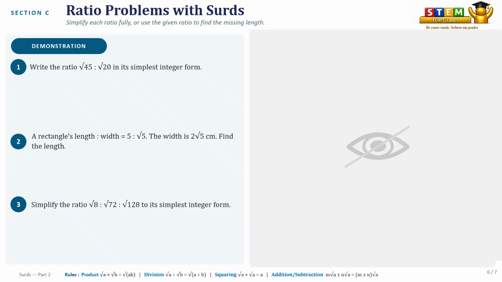Now on to section C this time. We're going to be writing the ratio in the simplest form again. So here we go. Square root of 45. We're going to get 45 is 9 times 5.